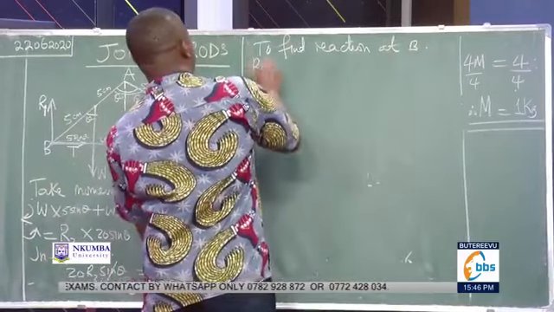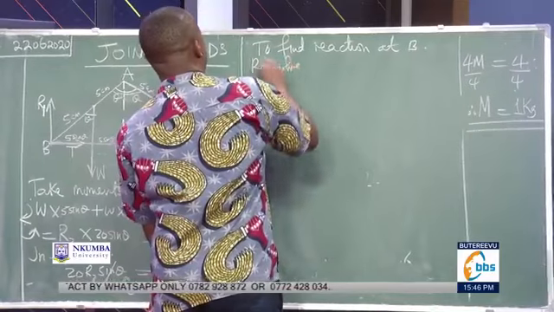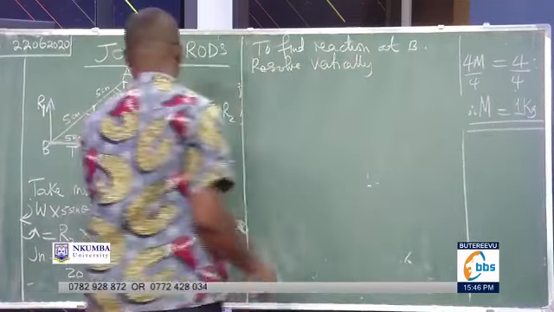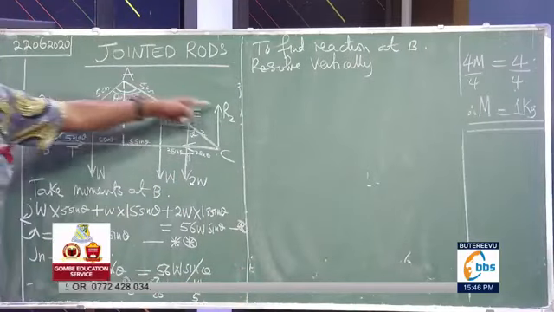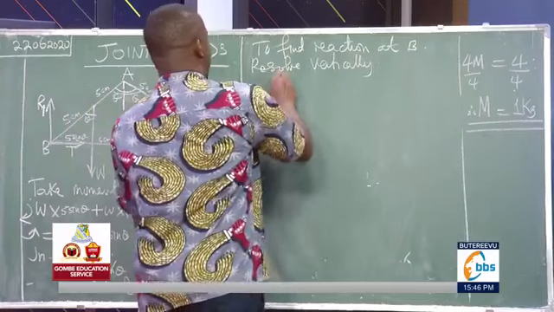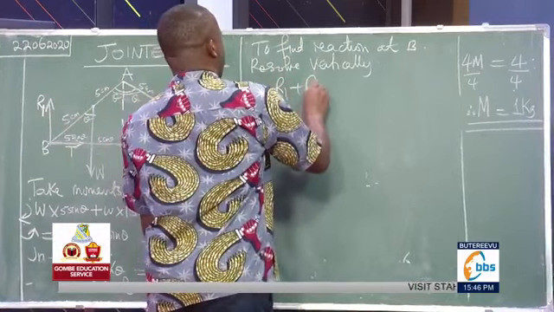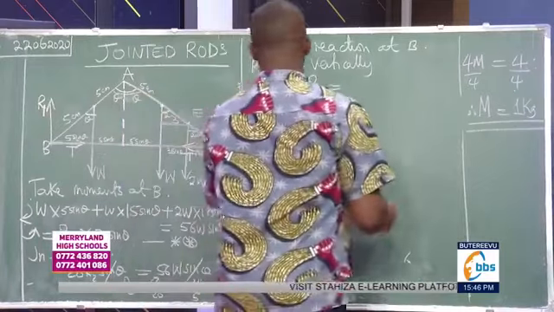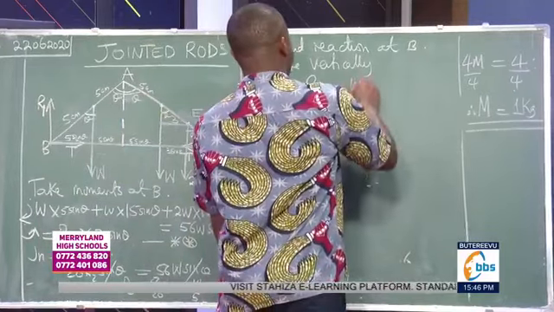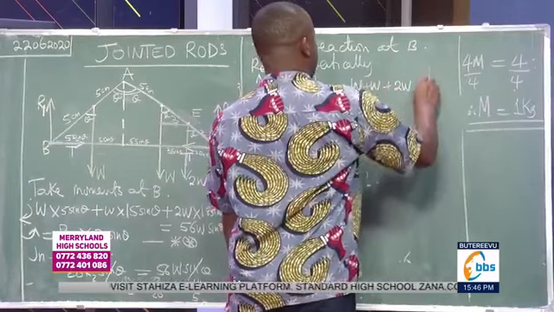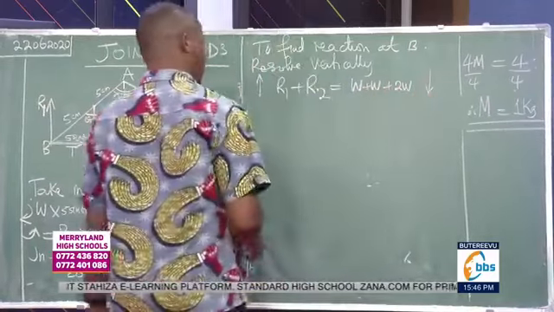And to find the reaction at B, we resolve vertically. When we resolve vertically, R1 plus R2 should be equal to the sum of the weights. So our R1 plus R2, which is the upward, should be equal to W plus W plus 2W, which is the downward weight.